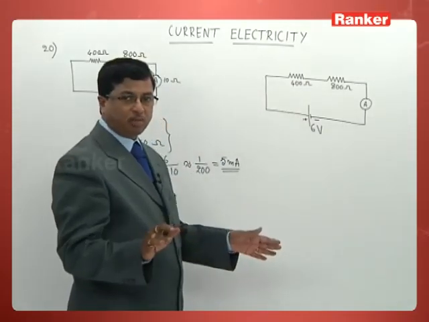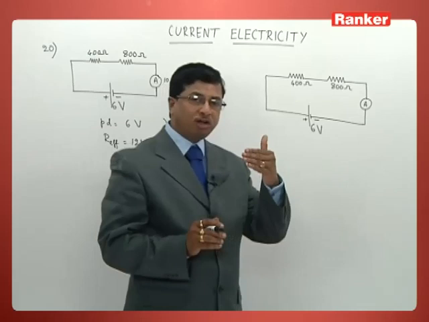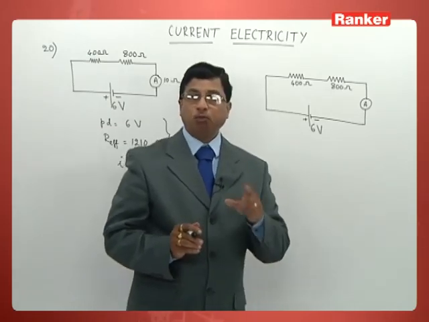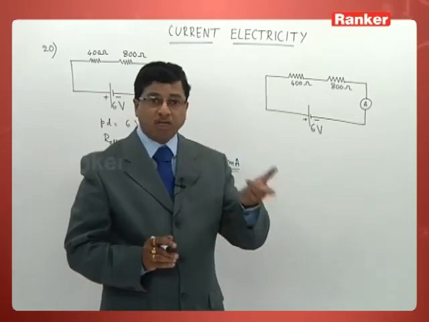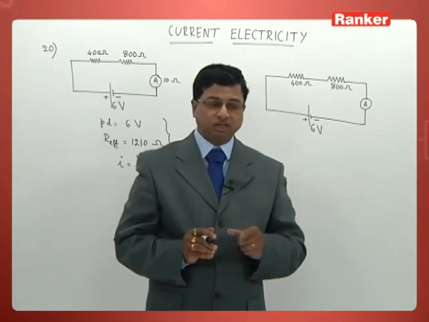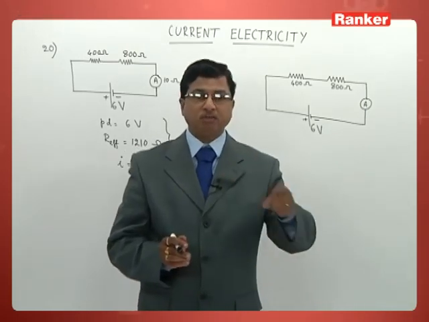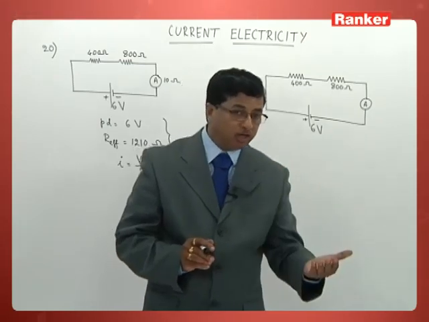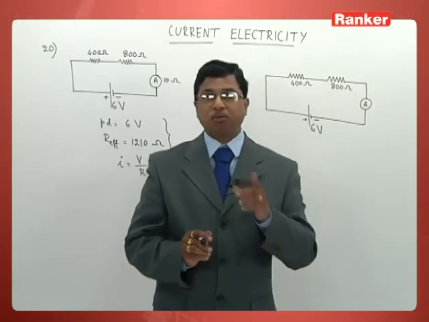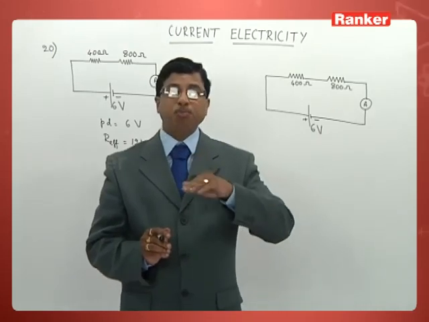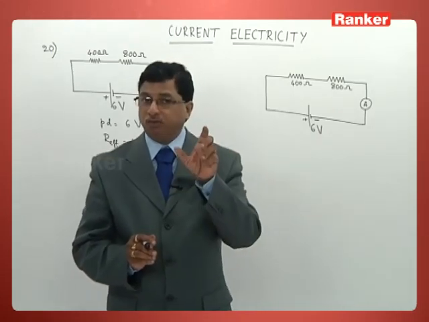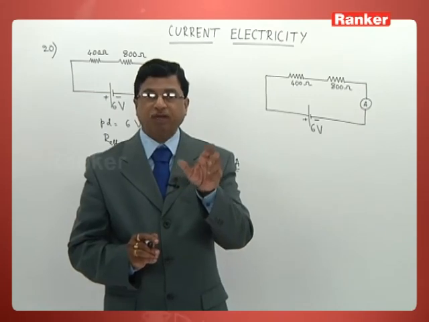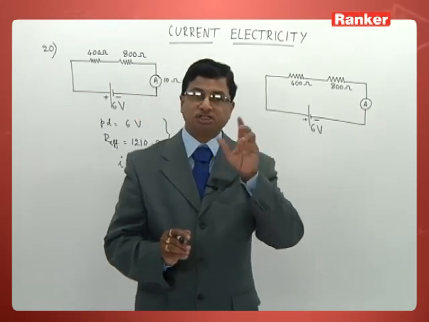Till that extent common. But all should understand straight away, whenever we connect an ammeter in any circuit, it should be connected in series always. Whenever we connect a voltmeter in any circuit, it should be connected in parallel across those points where the potential difference is to be measured.